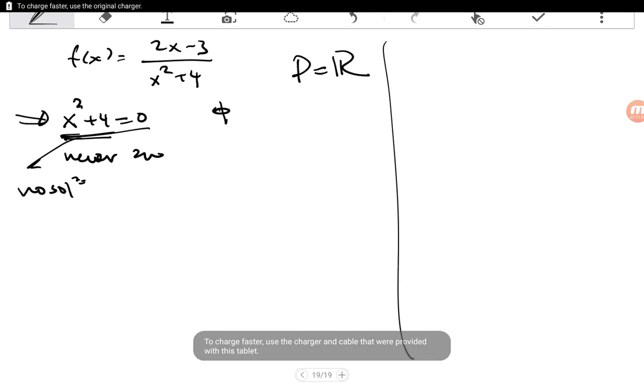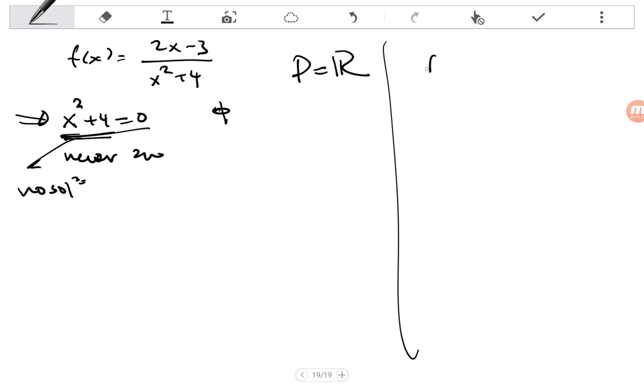Now if I say I need to find the domain of this function, 2x minus 7 over root of x plus 3. Now the root is in the denominator.